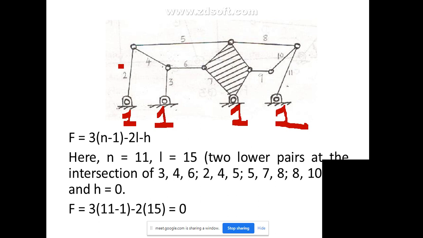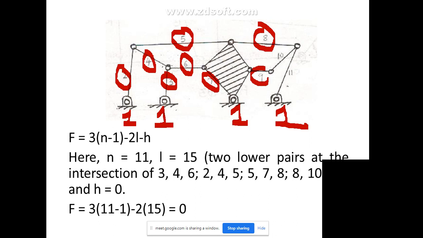Then this we have taken as 2, then 3, 4th, 5th, 6th, 7th, 8th, 9th, 10th, and then 11th. So total we have taken 11 links. So n is equal to 11.